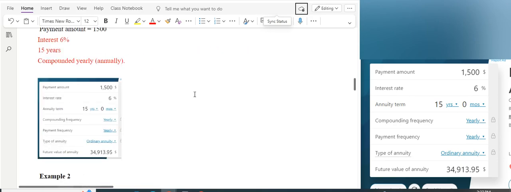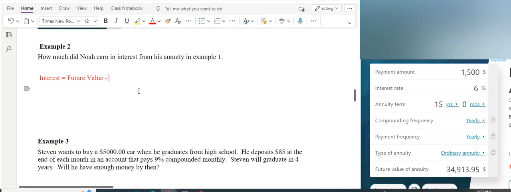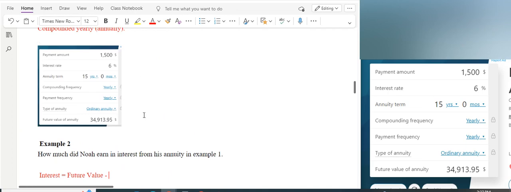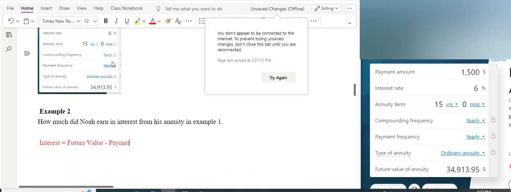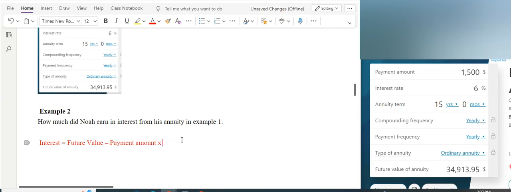That's why we call this a future value of an annuity. So it'll be future value minus the payment amount multiplied by the number of payments.